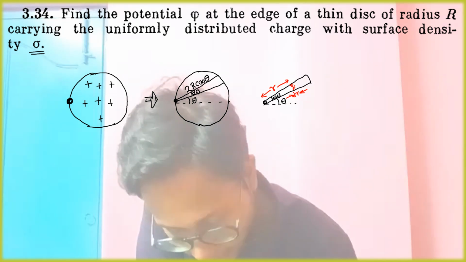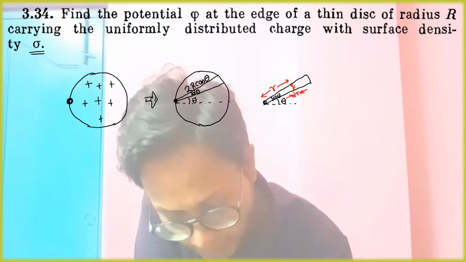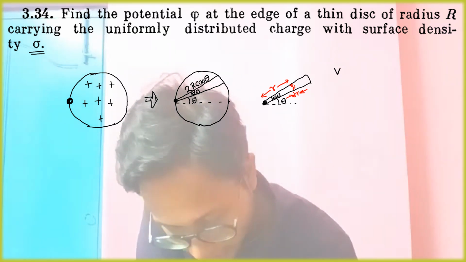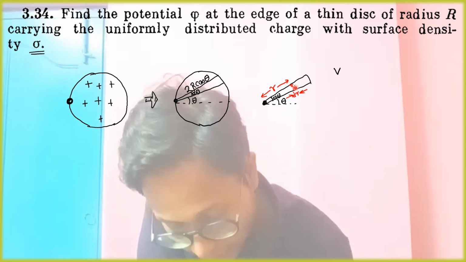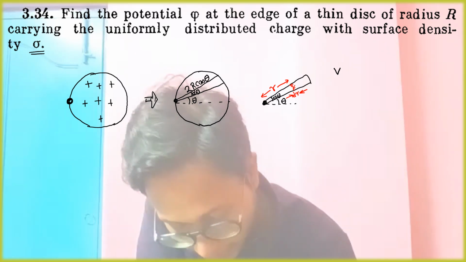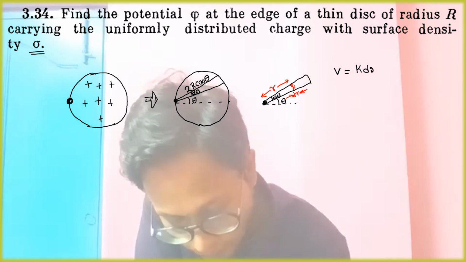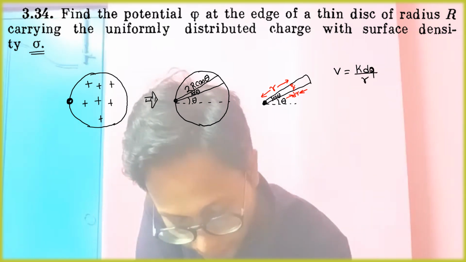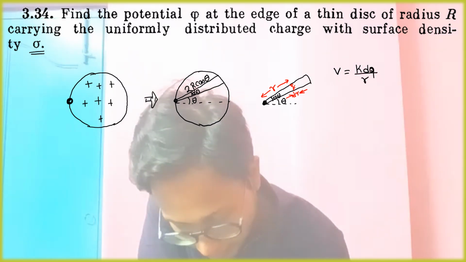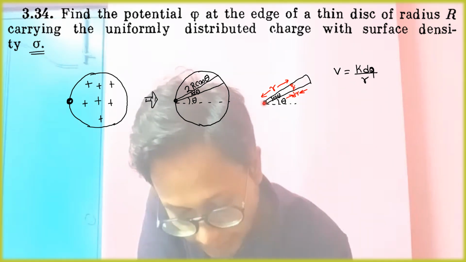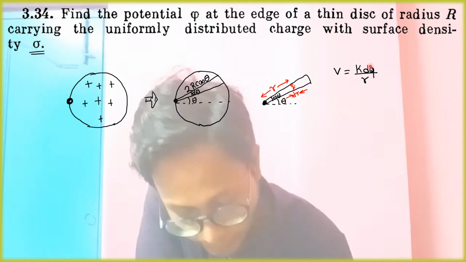The potential due to all these charges out here is nothing but potential at this point. Okay, potential at this point due to this much charges is nothing but k dq by r, isn't it? Dq is nothing but charges situated in this much element, and r is nothing but distance from the element.